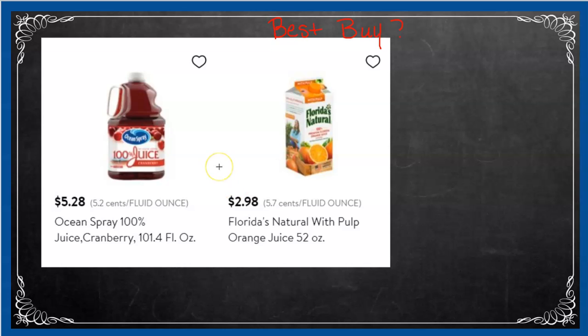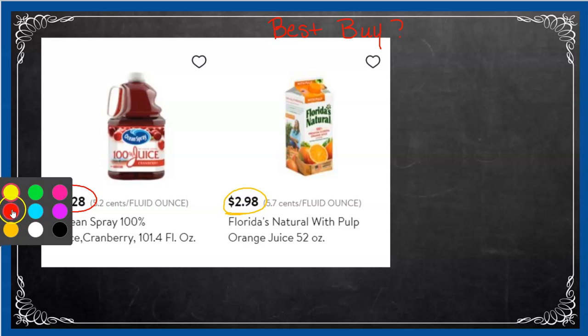So let's look at this again. We looked at it in the unit rate video, so I'm going to look at it really quickly. We have some cranberry juice here, and it's $5.28. And then we have some orange juice, and it's $2.98. At first glance, $2.98 is less than $5.28, so it looks like the orange juice is a better deal. But when we look more closely, let me get my highlighter here.